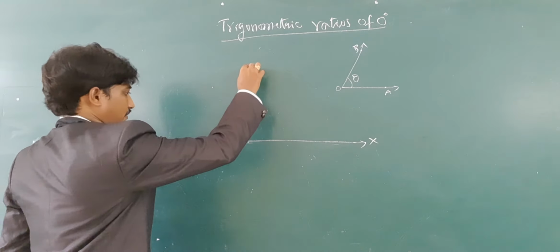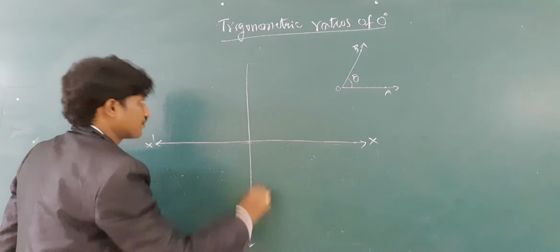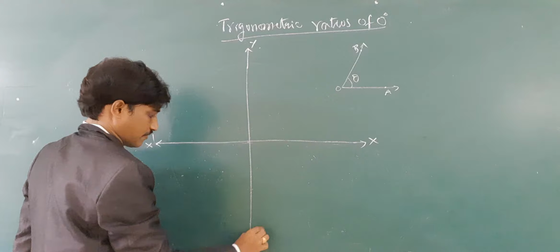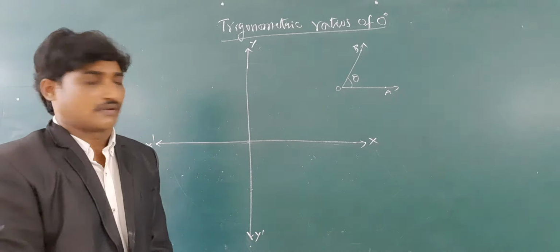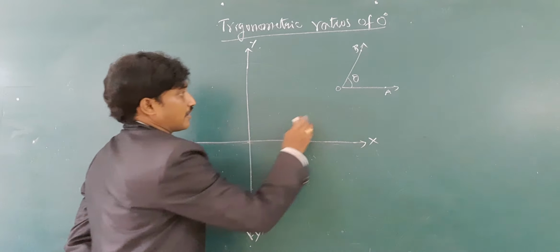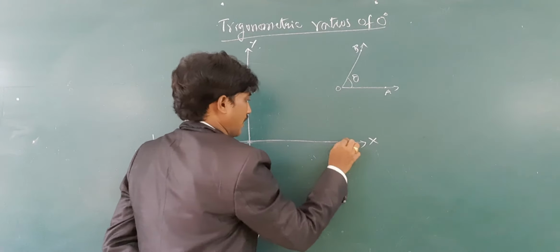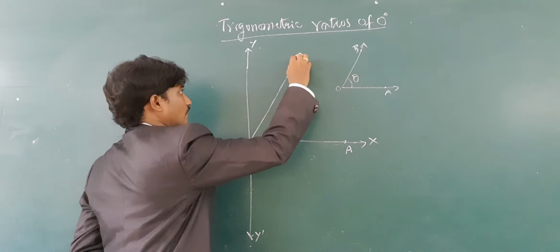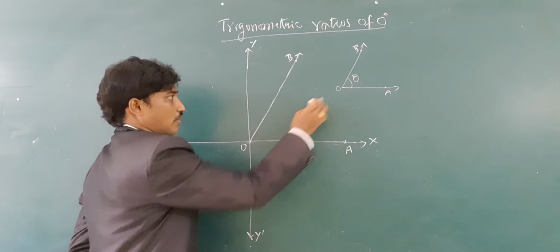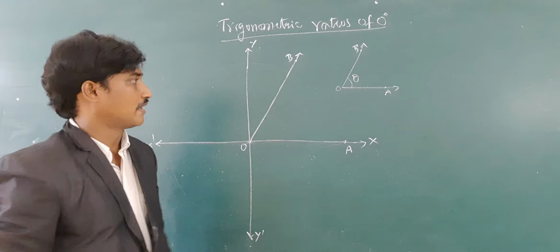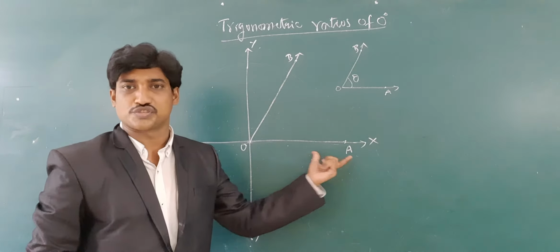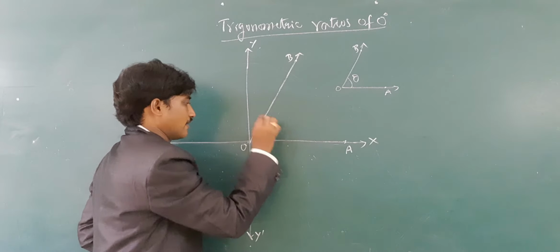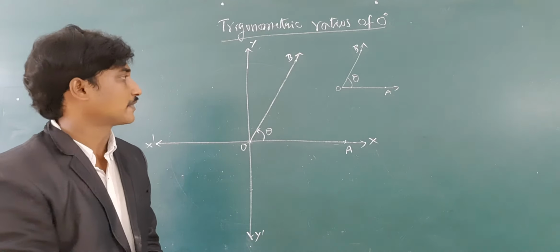The vertical reference line is called the y-axis. If we take this OAB, with O as the origin and OA along the positive x-axis, then the angle theta is said to be in standard position.